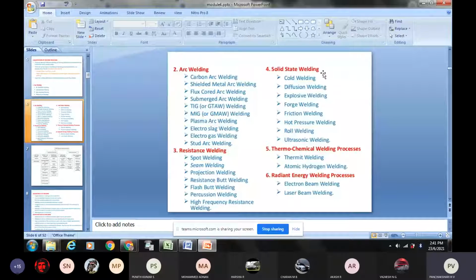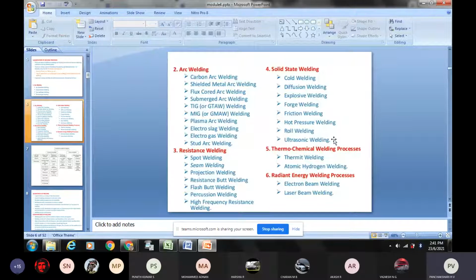Therefore, they are called solid state welding. Different types: cold welding, diffusion welding, explosive welding, forge welding, friction welding, hot pressure welding, roll welding, ultrasonic welding. These all come under solid state welding, that is, the joint is made in its solid state itself.